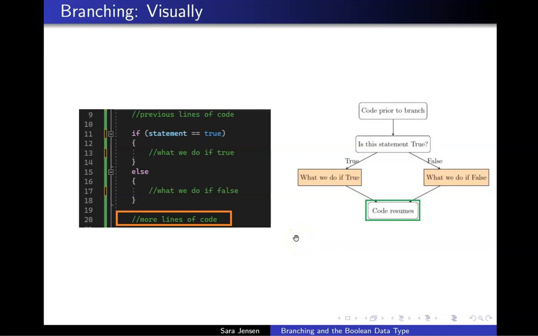The other chunk of code will not be executed at runtime. So despite the fact that reading in a book, we would need to read all things, the program is only going to choose one of those paths, between 12 and 14 or 16 and 18, based on the answer to the question in line 11 when the code runs.